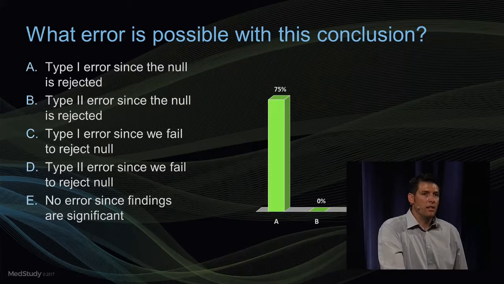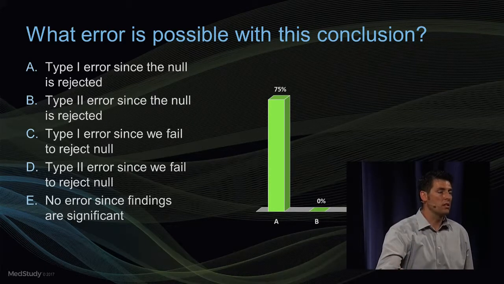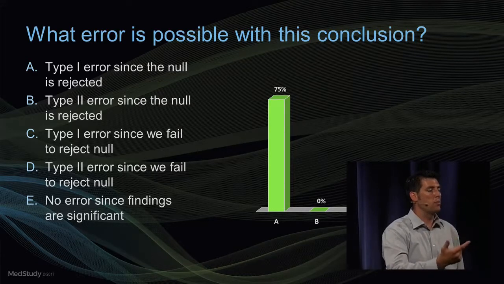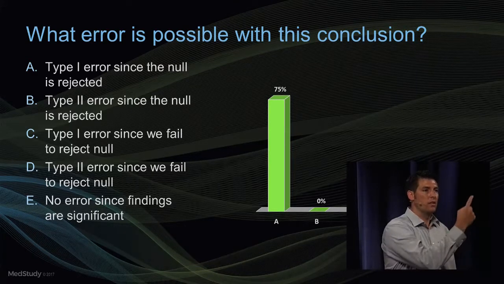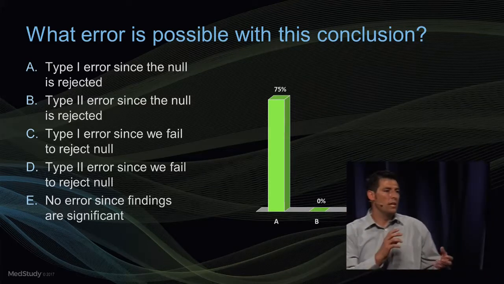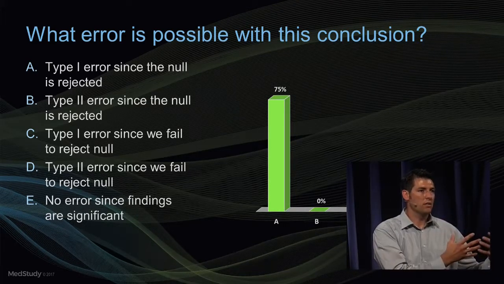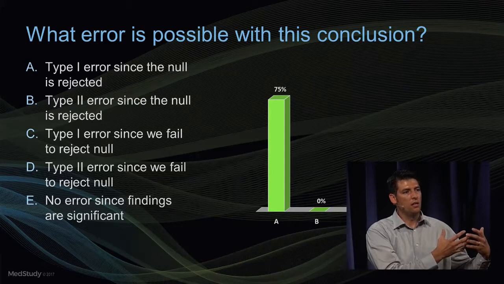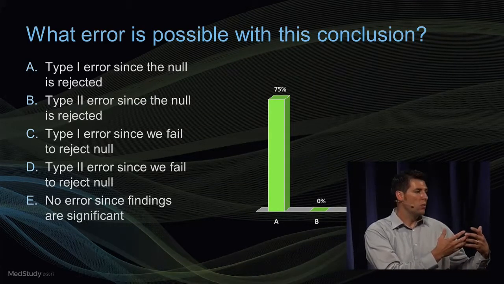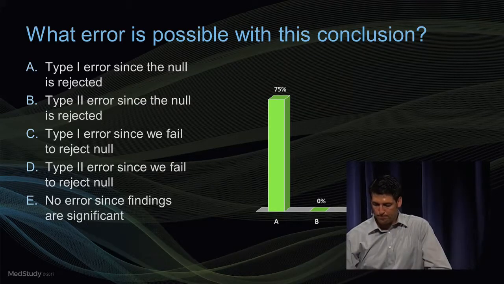And it isn't until you start looking at things like Bayesian types of statistics that you can associate probabilities with the conclusions that you're making from these hypothesis tests. So unfortunately, we lead people to believe that we get this really nice yes-no conclusion, and that's the way it is. But the truth is that sometimes we'll come up with a wrong conclusion, even when the findings are significant.